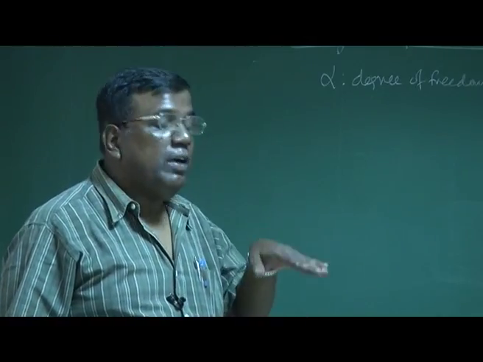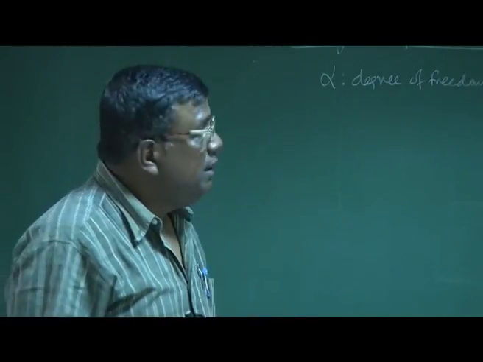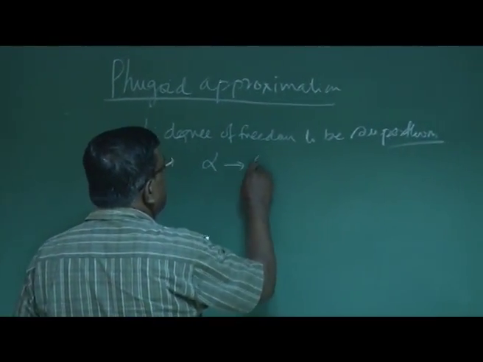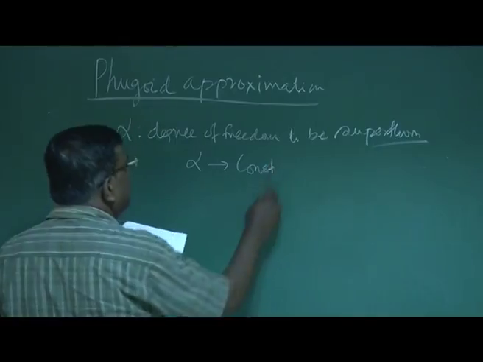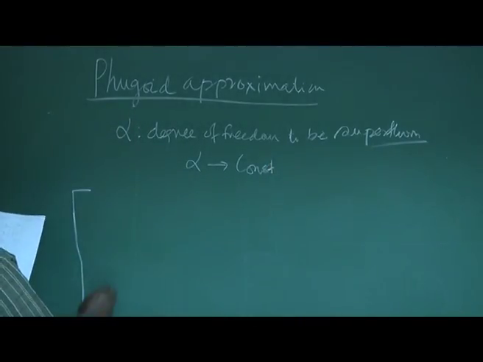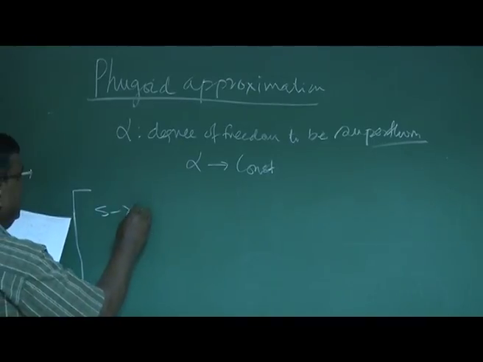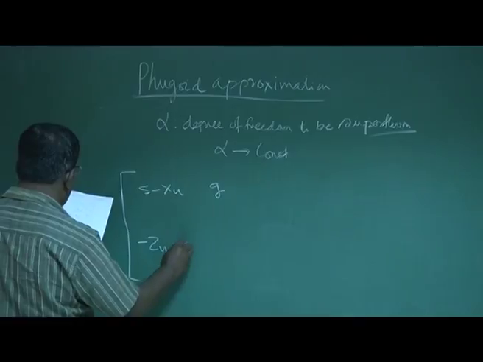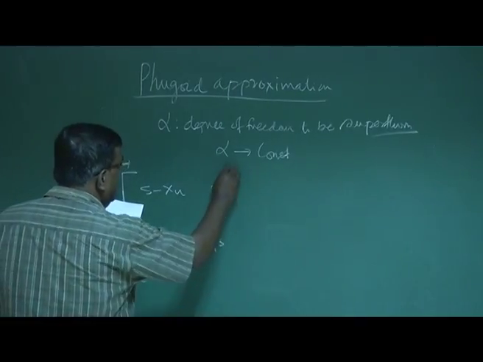Okay? In the short period, it was u that was neglected, right? So alpha remaining constant is the approximation. And if you do that, then you will get an equation. For you, it is important to just note this down. You could easily find out which one has been omitted.